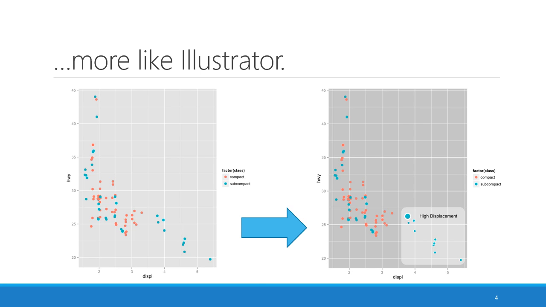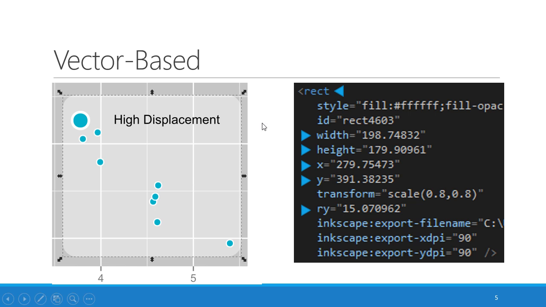So the point of it being vector based is that behind the scenes, this is actually code. So this box that has the dotted line around it is actually, if you were to open this file in a text editor, you would see this rectangle, effectively HTML style. It's an XML document.